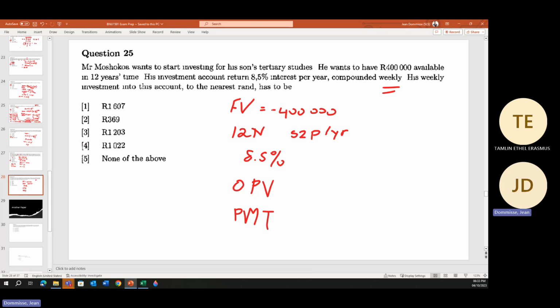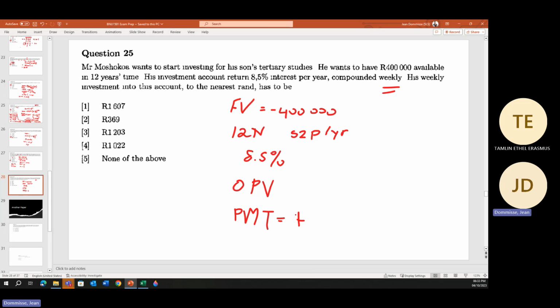So let's make that negative, so then the PMT will be a positive number. So, let's see, 400,000 negative, that is your future value. We don't have a present value because we're doing weekly installments.